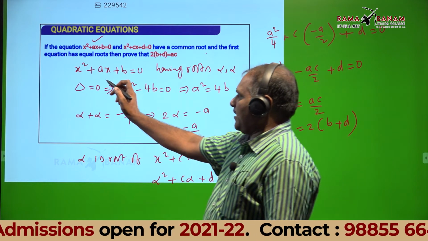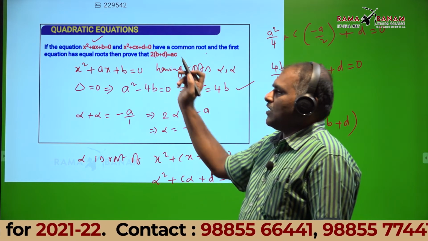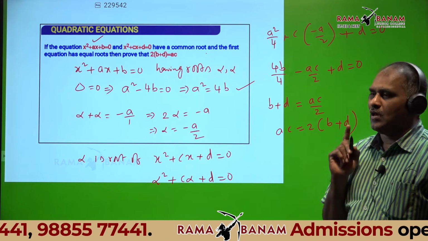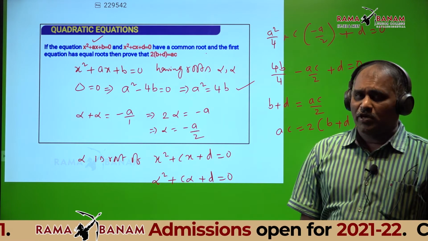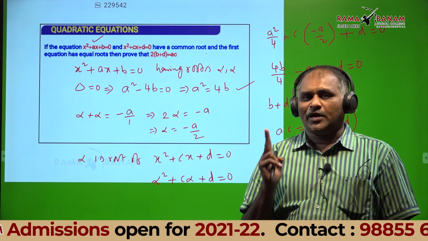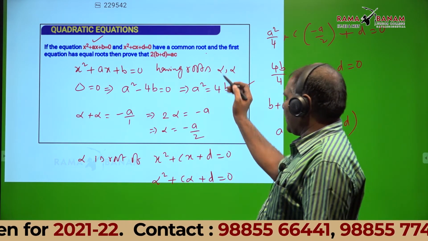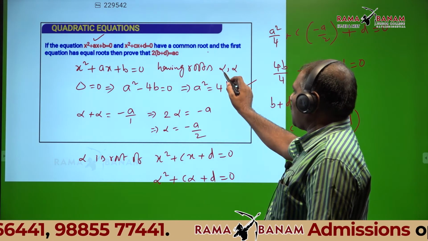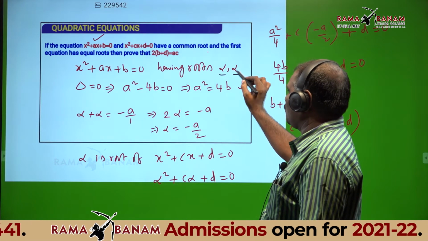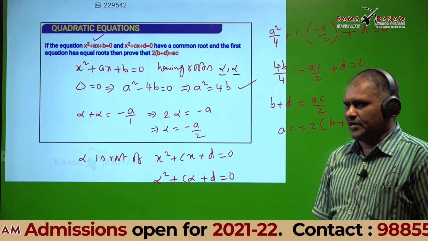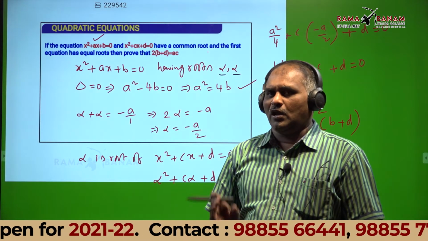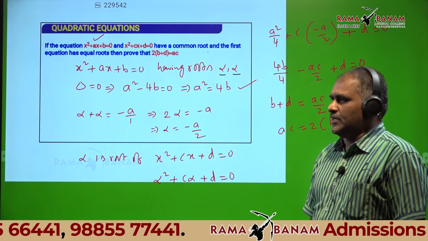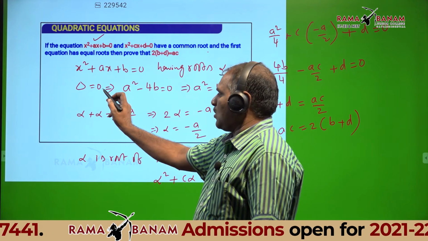Consider x square plus ax plus b is equal to 0, having equal roots. Generally a quadratic equation has two roots, and here both are equal, so I take alpha comma alpha. For equal roots, the condition is that the discriminant is equal to 0.